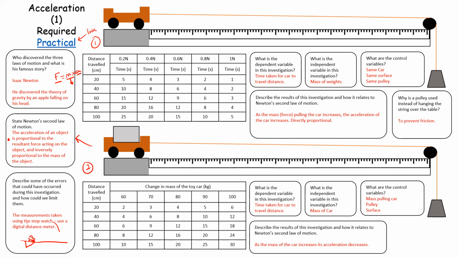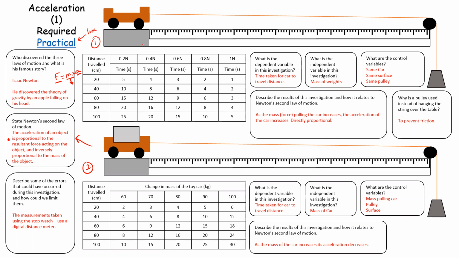It measures how long it took that truck between the first and the second light gate. I'm just going to eliminate that drawing because that is rather embarrassing, but it's a far more accurate way, and it's all computerized as well. It's a more accurate way of measuring time rather than a stopwatch. So be aware of light gates and their benefits.